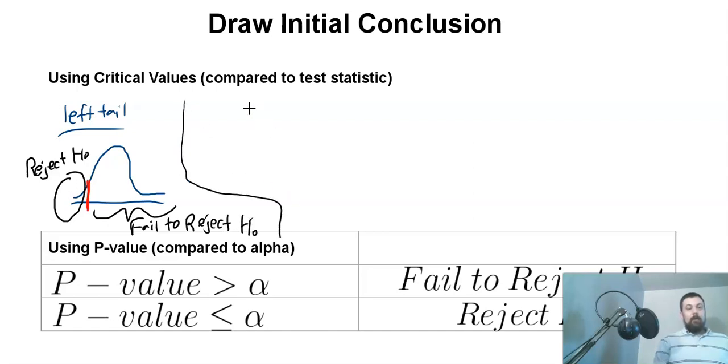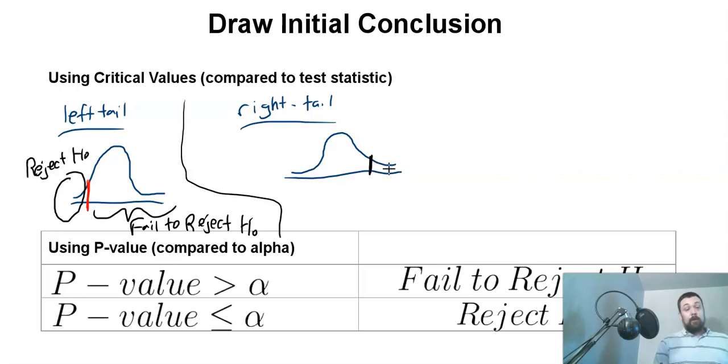If it's a right tail test, we mapped this out already, but I want to have a place where it all fits together, every possible scenario. The distribution looks like this. It's a horrible drawing, but I'm going to leave it. Then you'll have a critical value in the right tail.